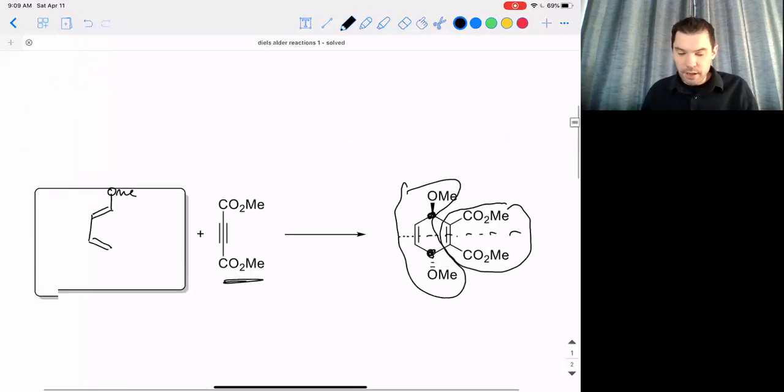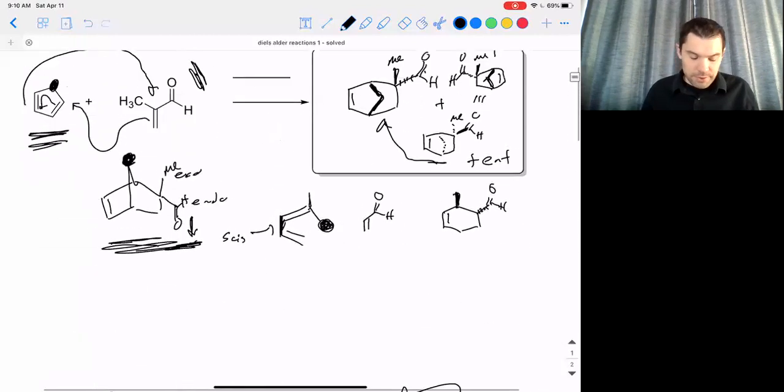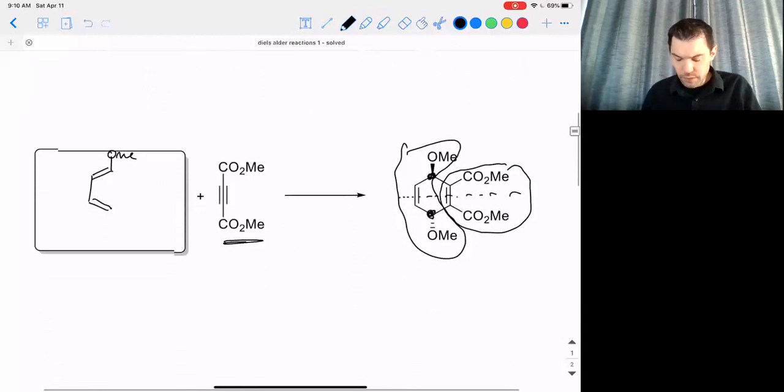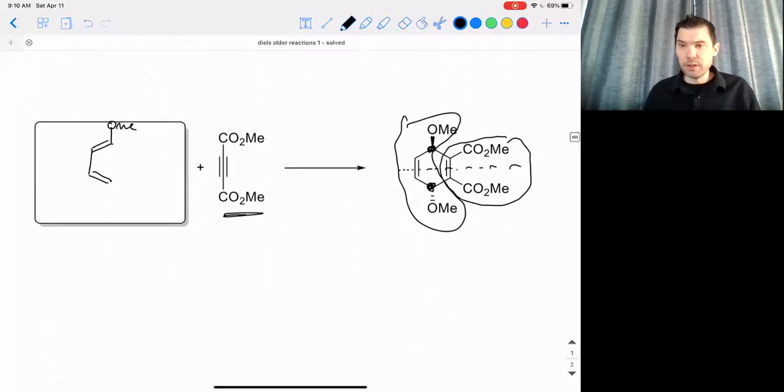And we kind of see that up above here, because this bridging methylene is kind of pointed to the same spot. It's going to end up in the kind of same spot on the product. And it turns out that's true regardless of if it's tethered together in a ring or not. So here, because the methoxy groups, one of them is wedge and the other one is dash, that means that they're going to have opposite alkene stereochemistry in the starting material.